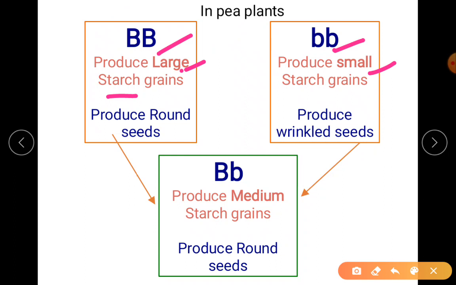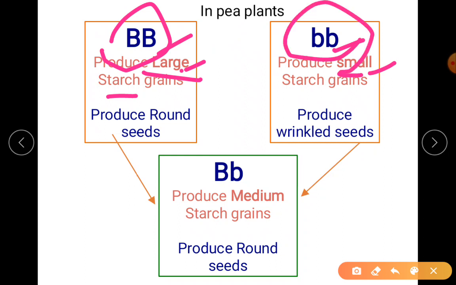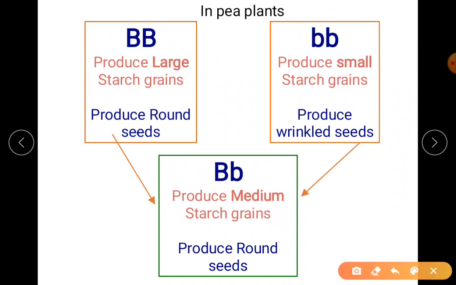But it is medium when it is your hybrid or heterozygous condition. So doesn't this resemble incomplete dominance, where the offspring does not resemble the parents? Okay, so this is incomplete dominance.